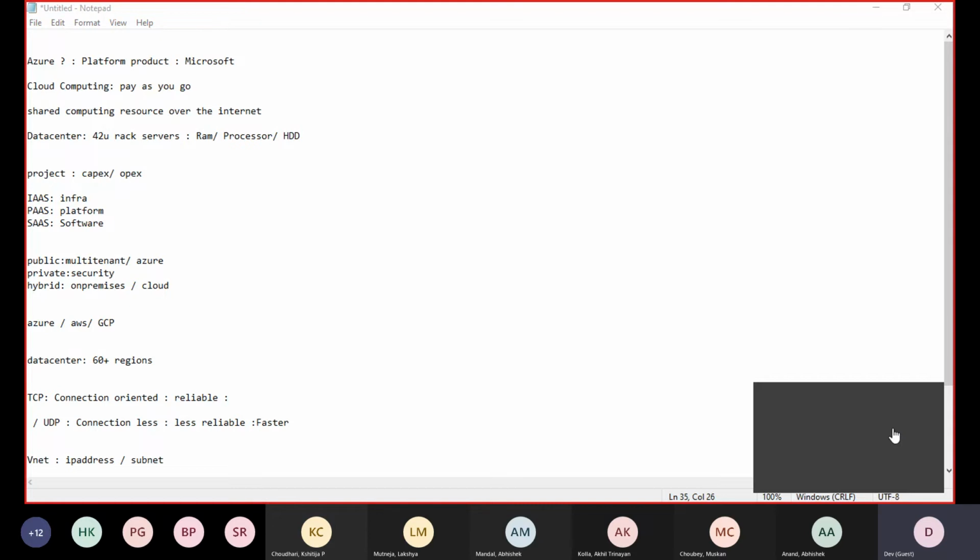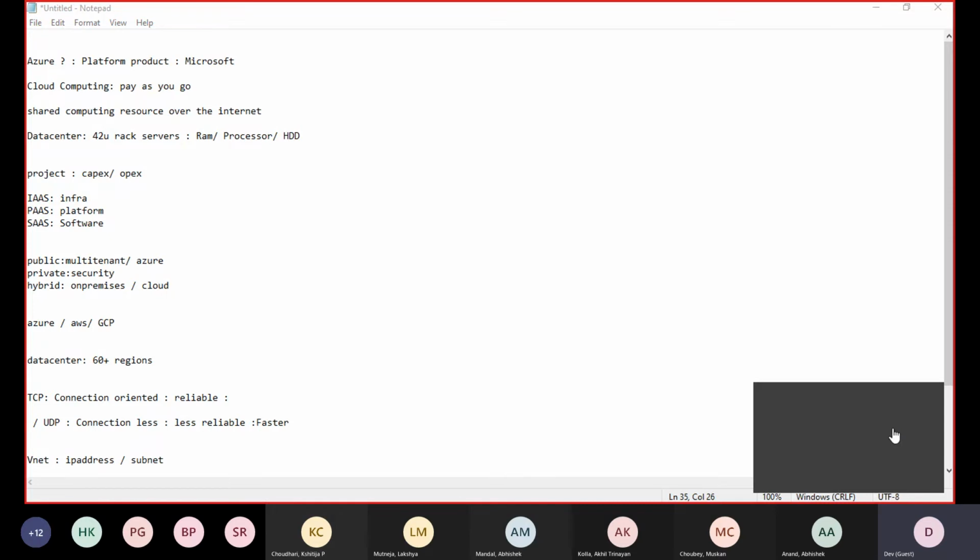Now, see, Azure has two offerings. It offers on IaaS as well as on the PaaS platform. What's the difference between IaaS and PaaS?